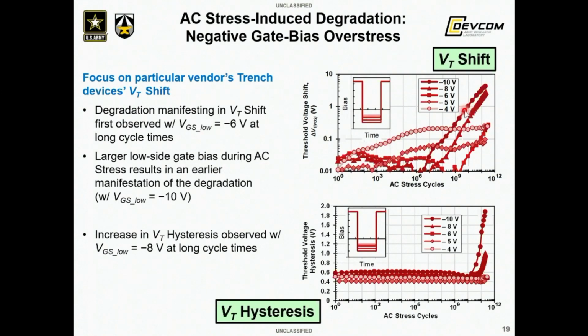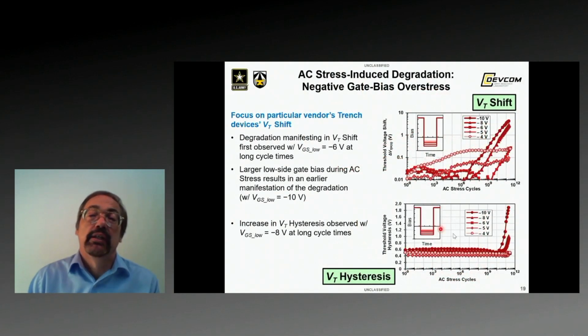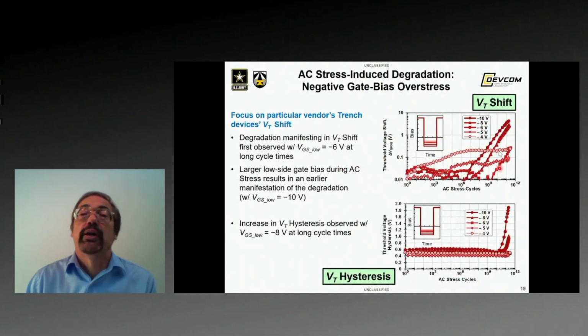So the larger the negative bias, the larger this effect, and the sooner the degradation occurs. Similarly, when we look at VT hysteresis, we see a small effect at -8 and a much larger effect at -10. Again, the increase in VT hysteresis is driven by the VT shift.